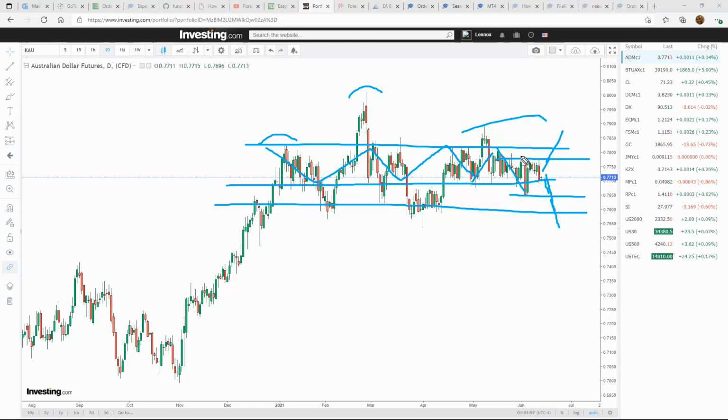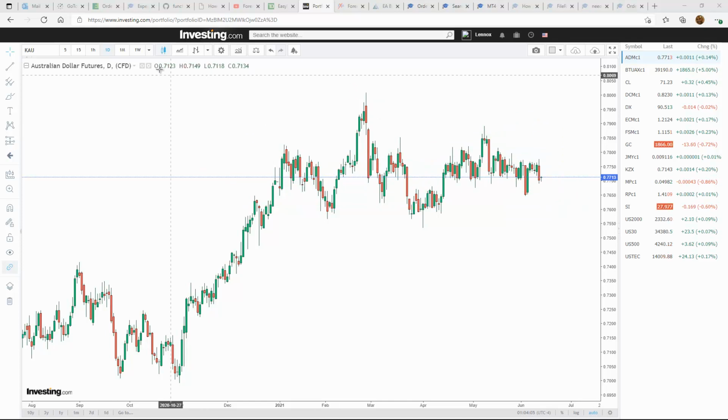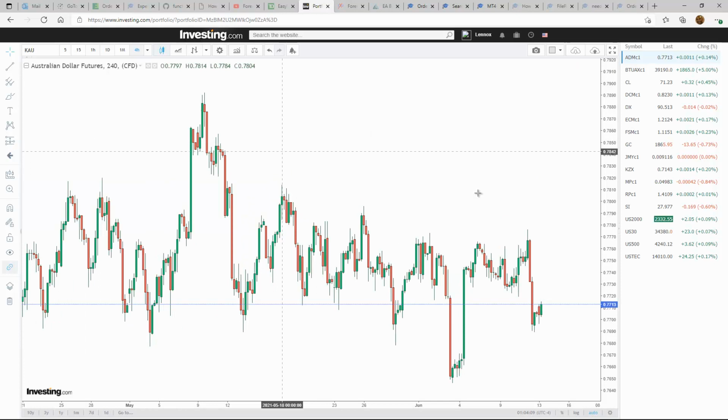Well, we can't say for certainty from this level on the daily, but if we drop down to the 4 hour time frame, we can get a better look at what's going on. We can then say with more certainty that we would expect price to break down one more time to this level.